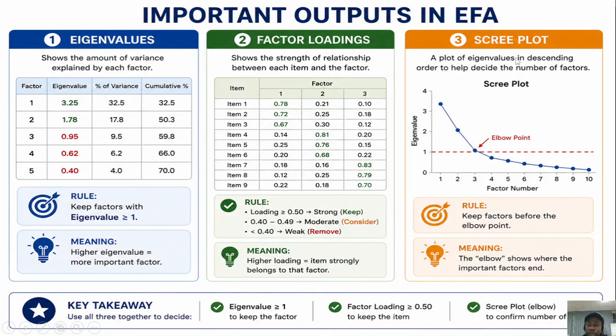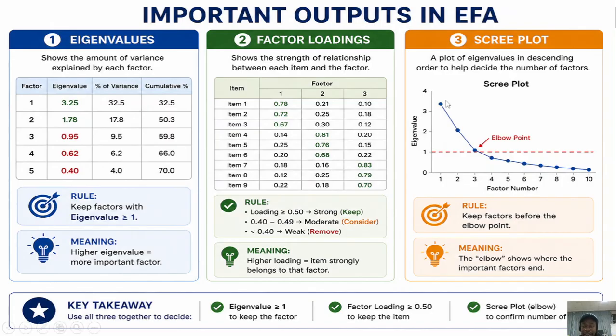Then the scree plot also confirms the number of factors to be considered, and then we use the elbow. We take it starting from this side, in descending order. When it reaches the elbow like we have it here, before it branches, we pick from the elbow and above.